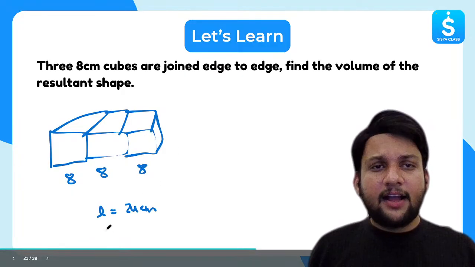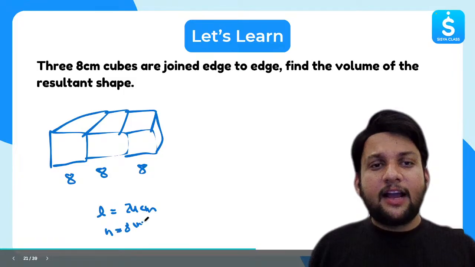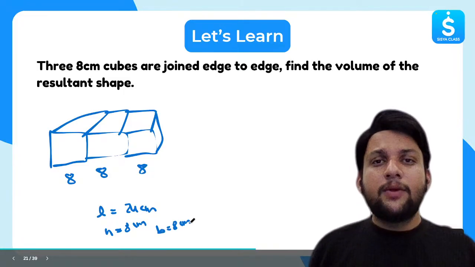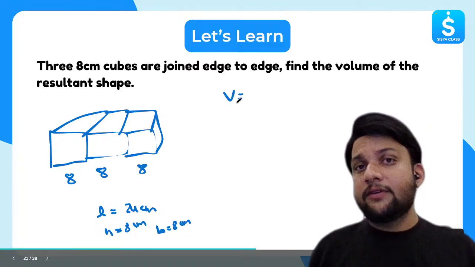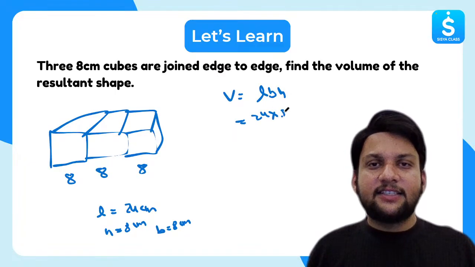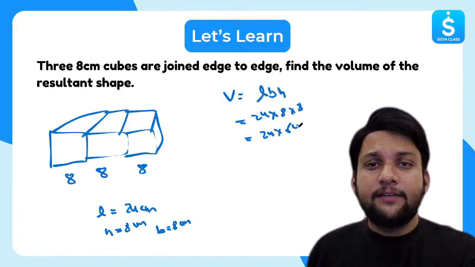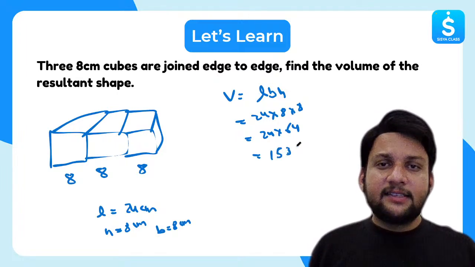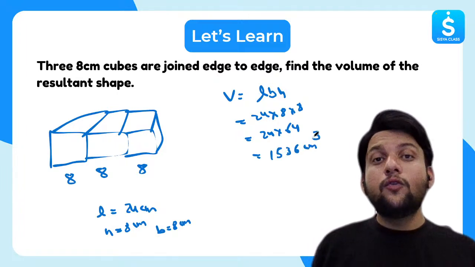What is height? Height is 8 centimeter. And what is breadth? Breadth is 8 centimeter. So what is the volume of a cuboid? LBH. L is 24, B is 8, H is 8. So if I calculate this, that is 24 multiplied by 64. If you do the calculation, you will get 1536 centimeter cube.